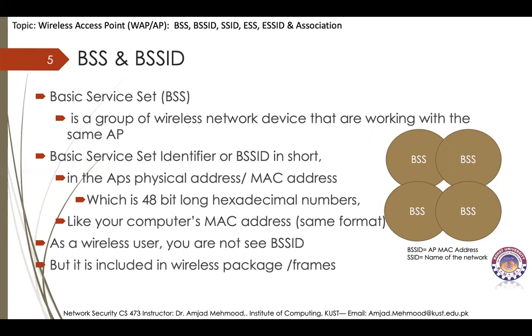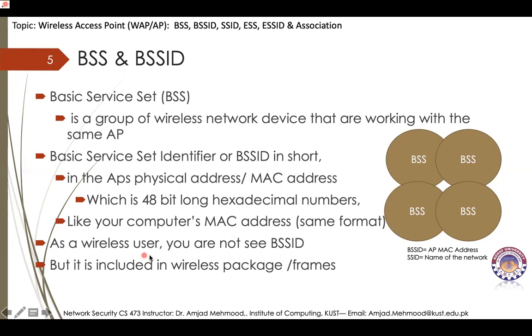So we call it the Basic Service Set Identifier, or BSSID. It is the AP's physical address, or MAC address, which is a 48-bit hexadecimal number, in the same format as the MAC address of the NIC card in your computer.